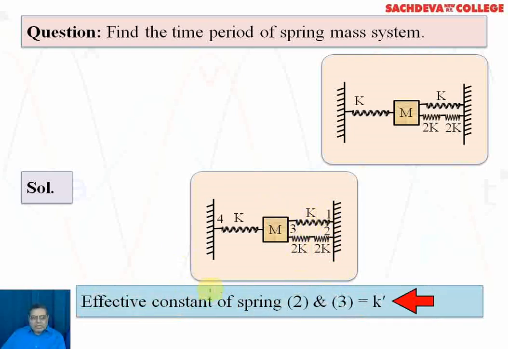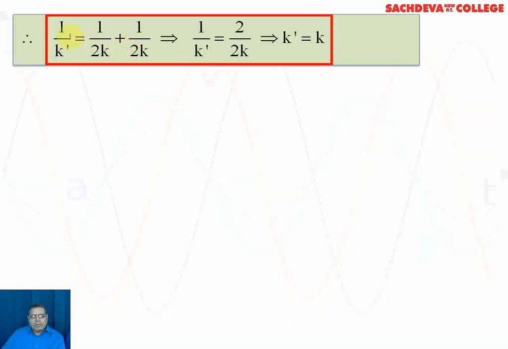Now, the effective constant of springs 2 and 3 will be k dash. Now this is to be applied in the series combination. It is 1 over k dash equal to 1 over 2k plus 1 over 2k, and if we evaluate the number, 1 over k dash will become 2 over 2k and 2 will cancel off.